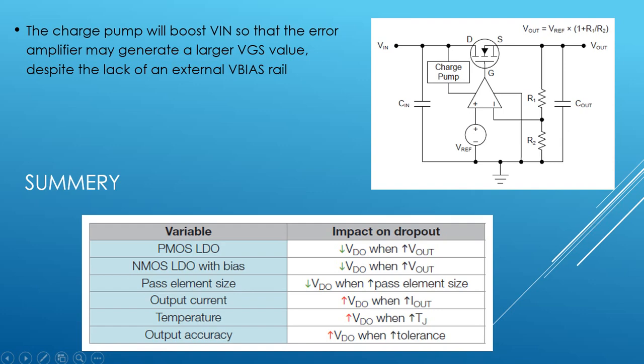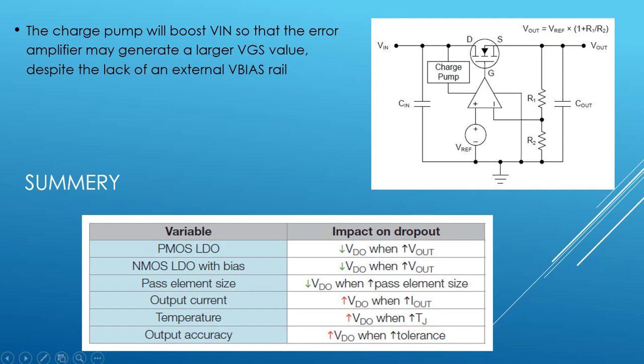In summary, regarding where we use PMOS and where we use NMOS: in the PMOS, when we increase the output current, the dropout decreases.